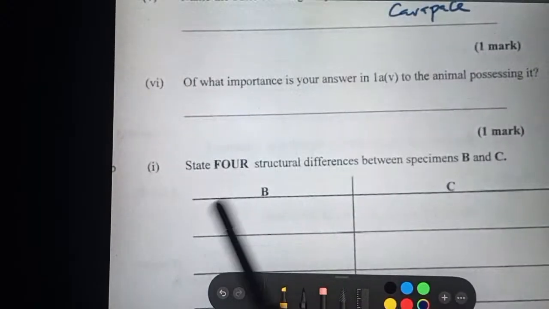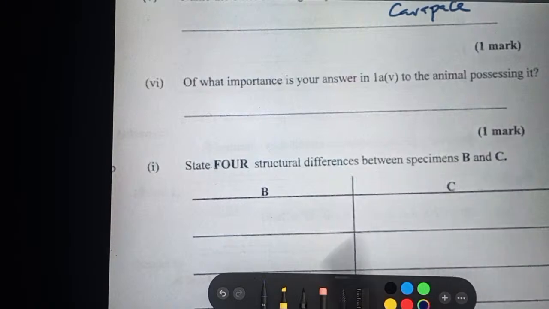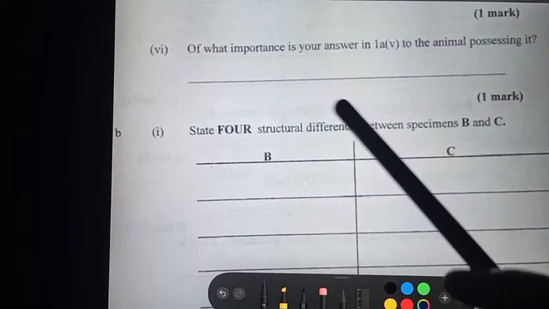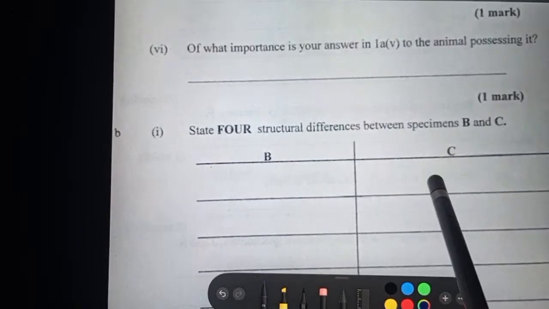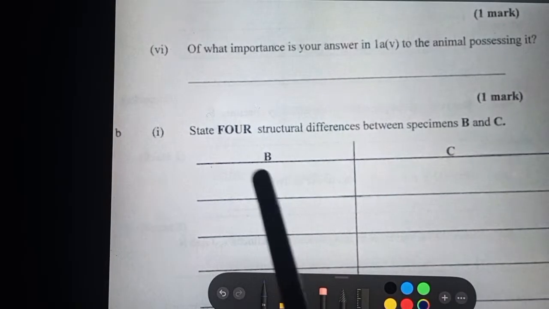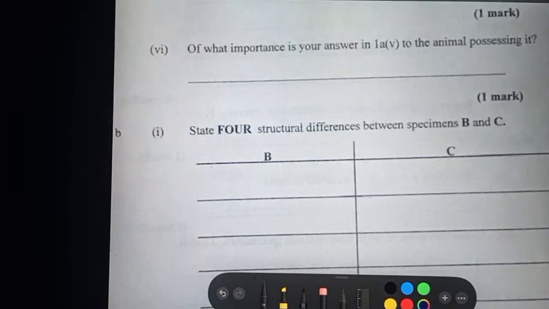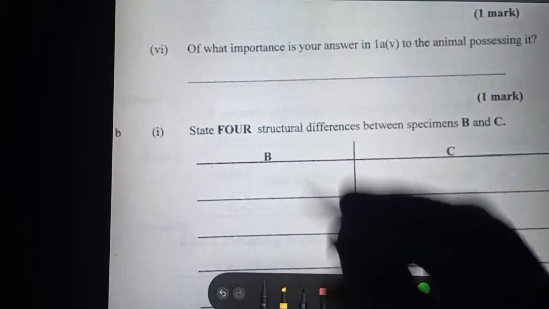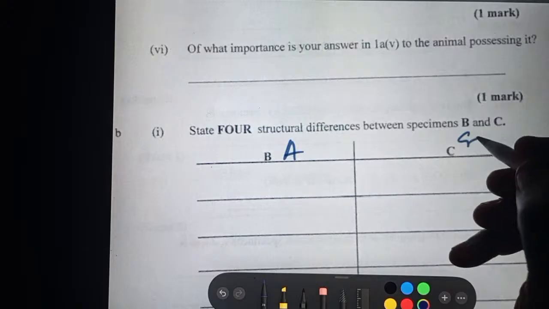Maybe they say state four structural differences between B and C. We should expect structural differences like housefly and spider. When they say structural differences, please start stating what is visible. Maybe structural differences between housefly and crayfish.